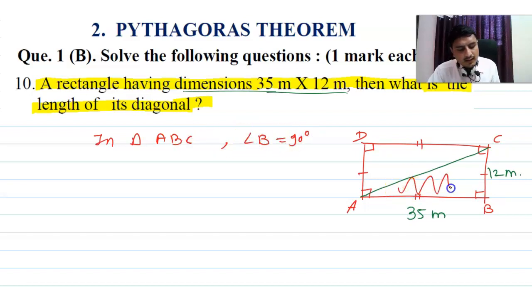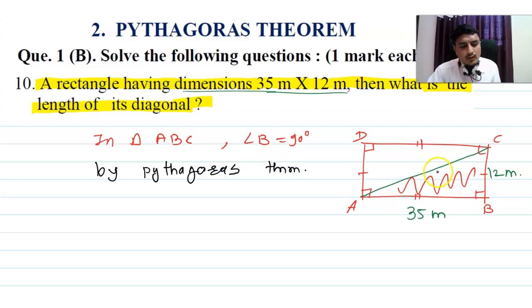That means triangle ABC is a right angle triangle. Therefore every right angle triangle should satisfy the Pythagoras theorem. So by Pythagoras theorem, the diagonal becomes the hypotenuse of right angle triangle ABC, because it is opposite to the 90 degree angle.